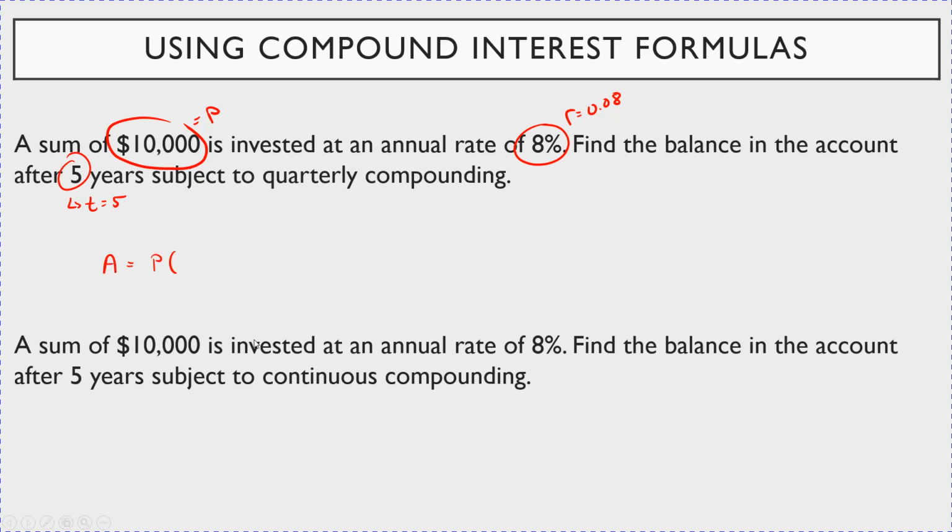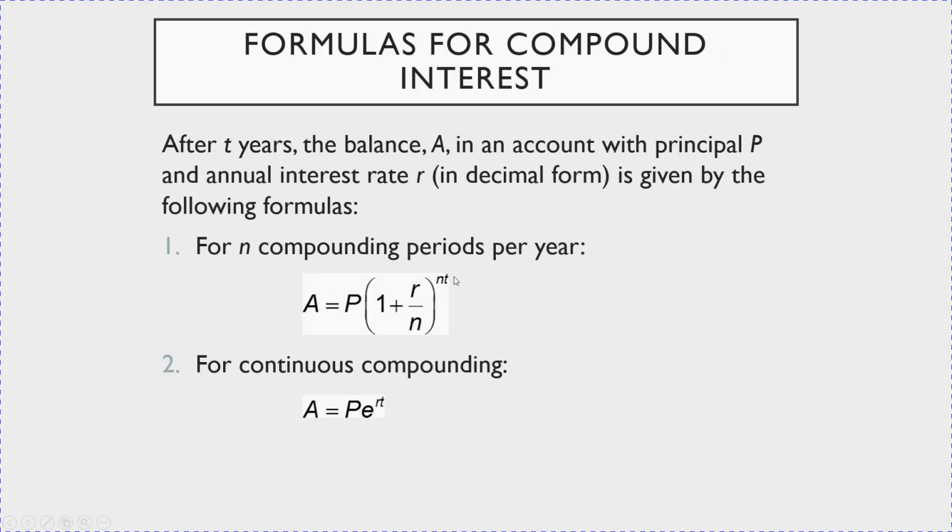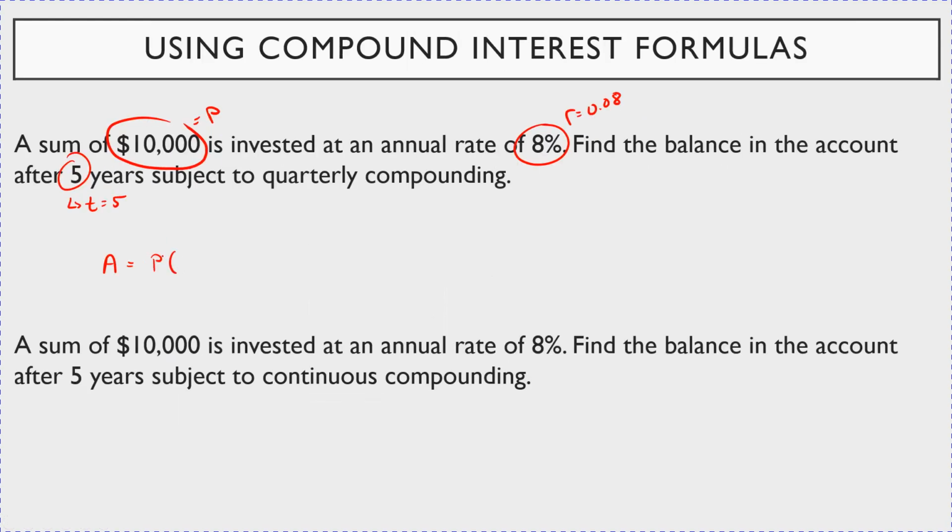So you're going to use this first one here: 1 plus r divided by n, raised to the n times t power. Quarterly compounding means the number of times you're compounding is 4 times a year. So you're just going to take 10,000 times 1 plus 0.08, that's my rate, divided by 4, raised to the n, which is 4, times t, which is 5 years.